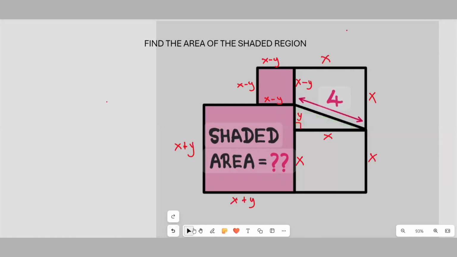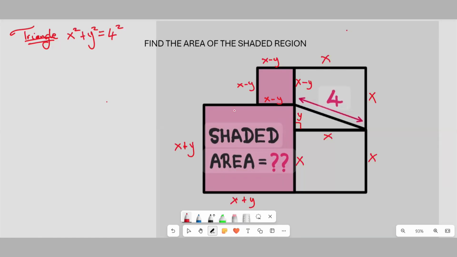The two shorter sides, so X squared plus Y squared will give us 4 squared.